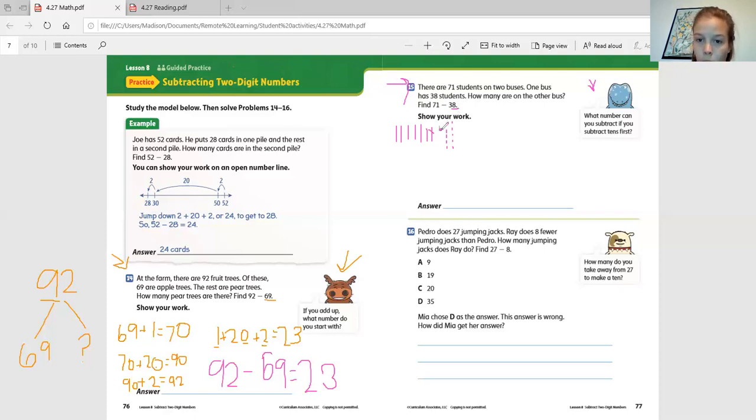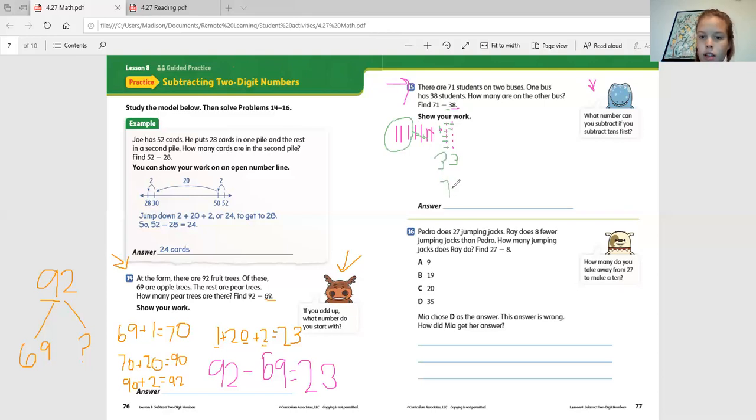So we're going to have 1, 2, 3, 4, 5, 6, 7, 8, leaving me with 1, 2, 3 ones. And now let's subtract our 10s. We have 3. So 1, 2, 3, leaving me with 3 10s.